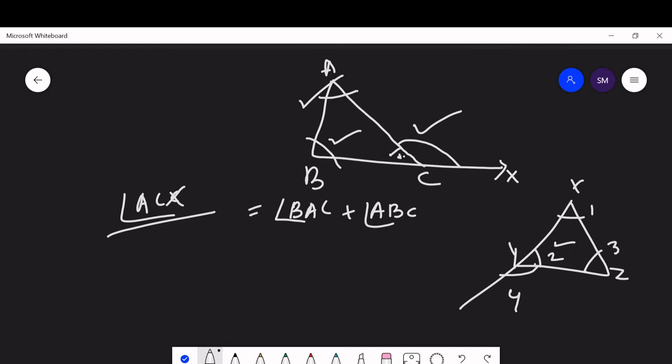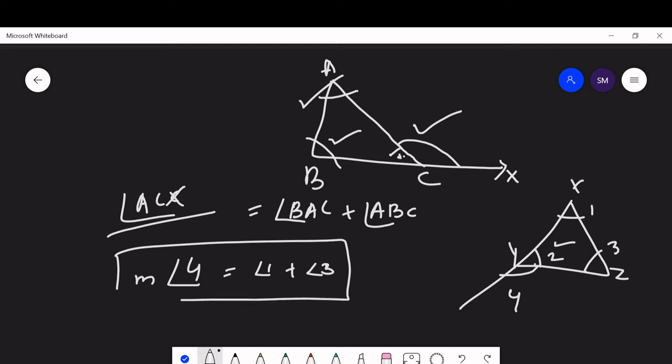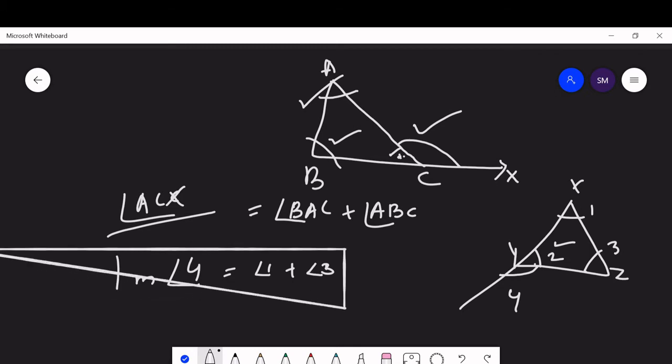Then the exterior angle property says that the measure of angle 4 is equal to the measure of angle 1 plus the measure of angle 3. This is called the exterior angle property.